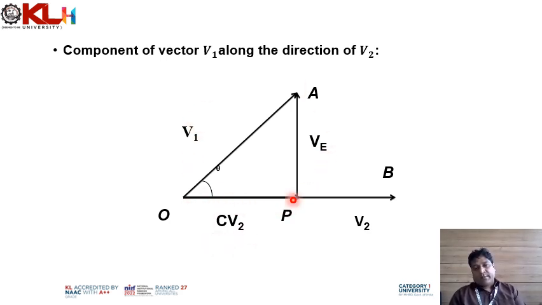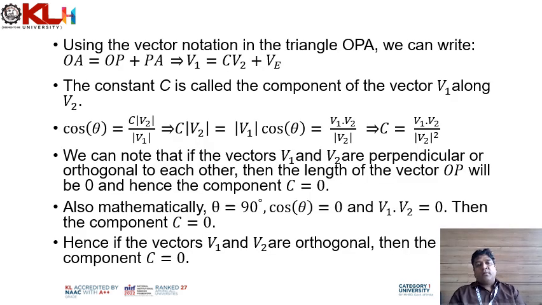If we look at this triangle, we can apply vector addition: V1 is equal to C V2 plus the error vector VE.